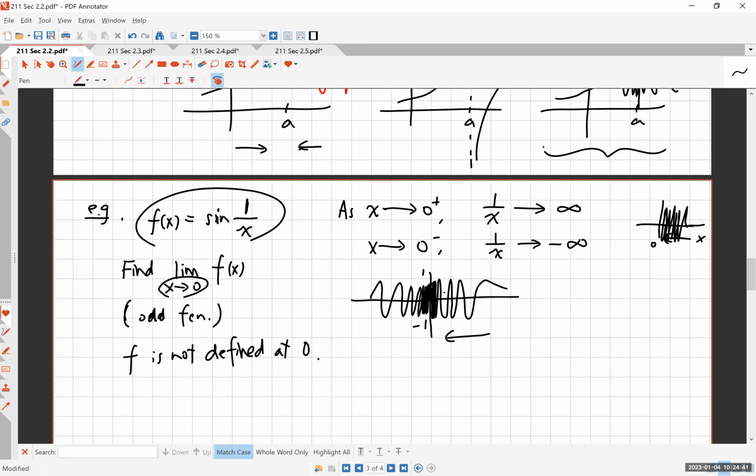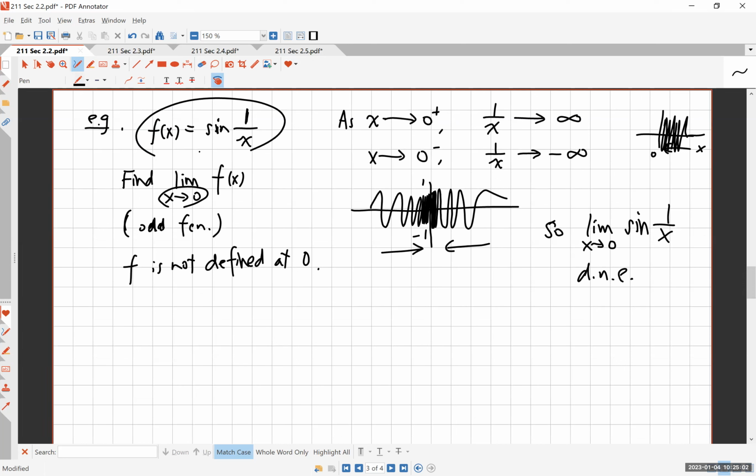It doesn't approach any particular y value. It just oscillates between 1 and -1, and same thing here. So we say the limit of sine of 1 over x as x approaches 0 does not exist. This is a very cool and wild counterexample, which is one of my favorites.